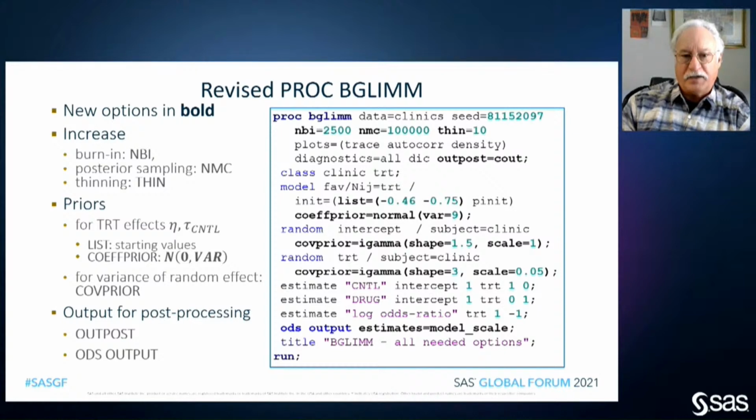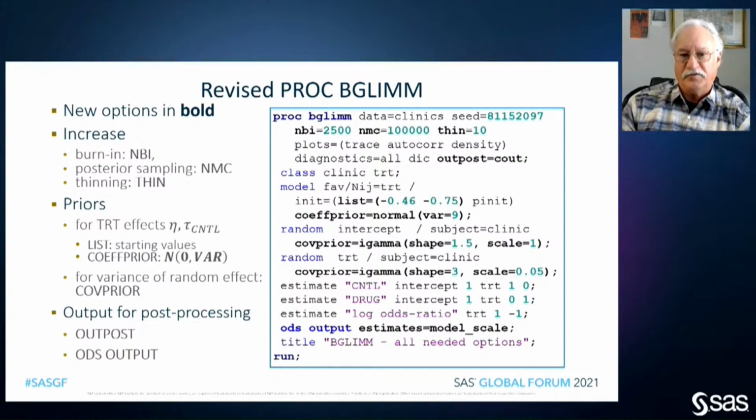The model statements are different only in that I've added some options. This init equals list allows me to specify starting values rather than letting BGLIMM choose them. So I'm just using the starting values from the PROC GLIMMIX run. And instead of using a constant prior, I have a normal distribution.